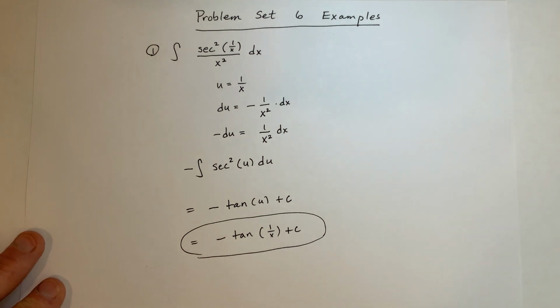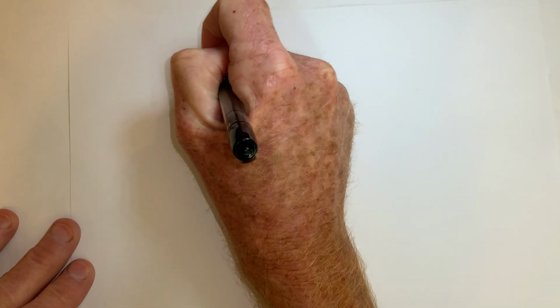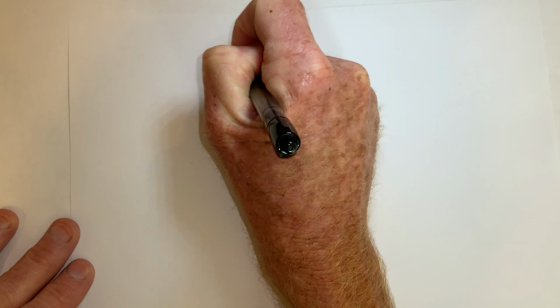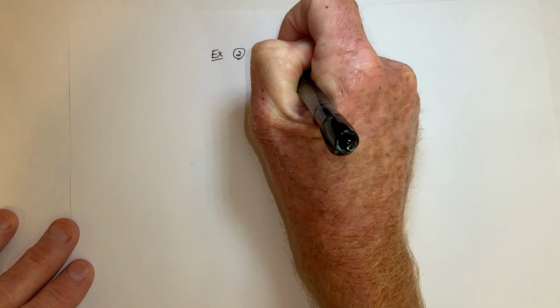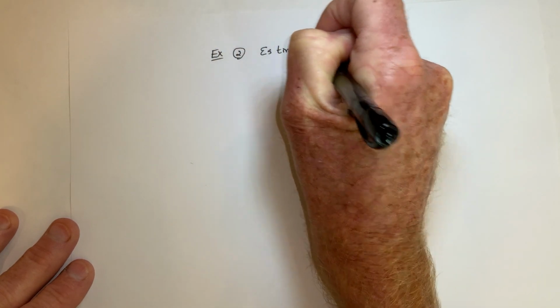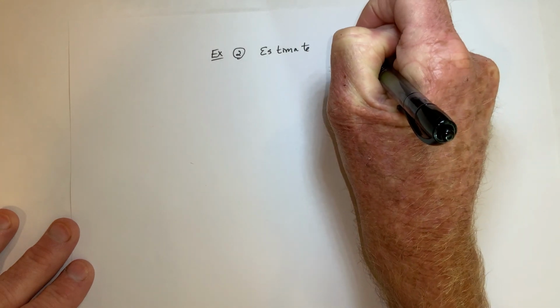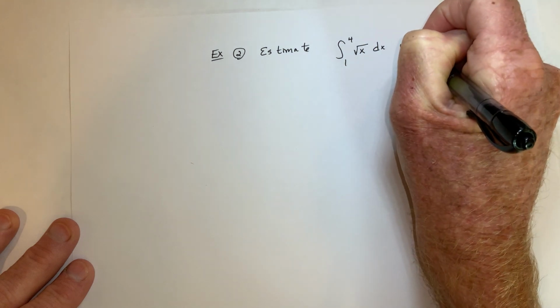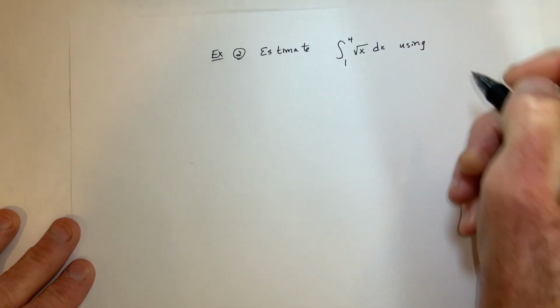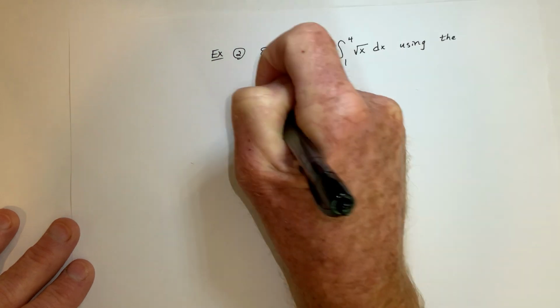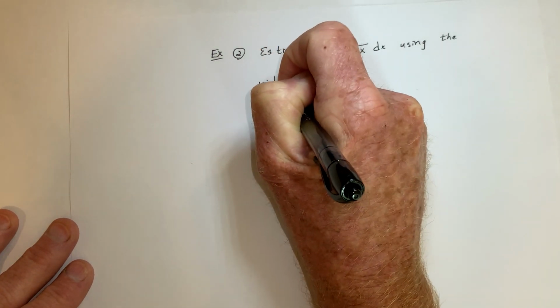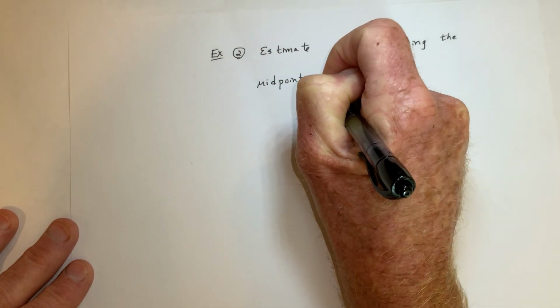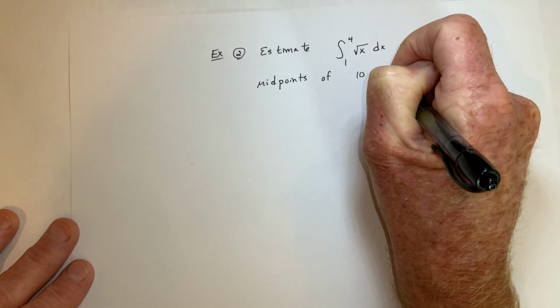Okay, then on to number 2. So for example number 2, estimate the integral from 1 to 4 of the square root function using the midpoints of 10 rectangles.